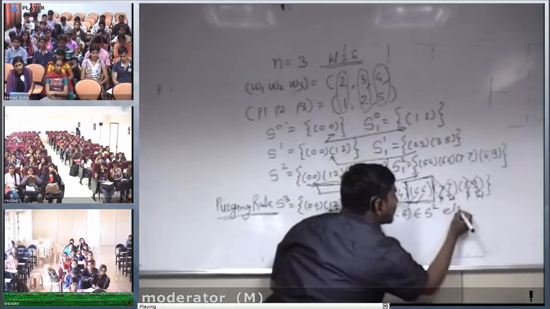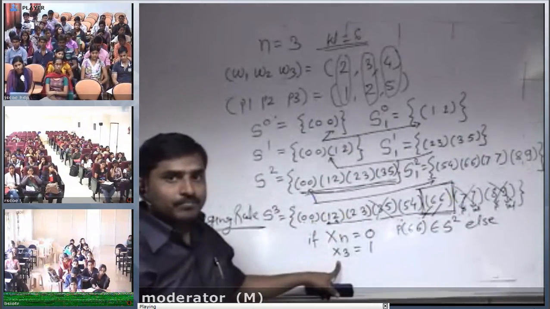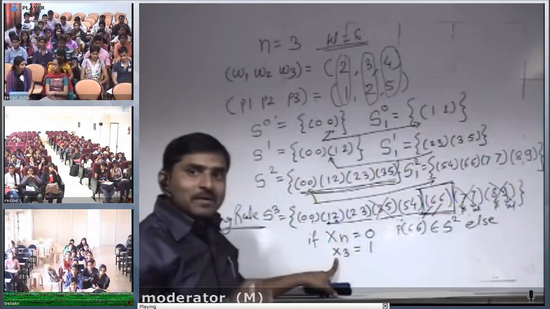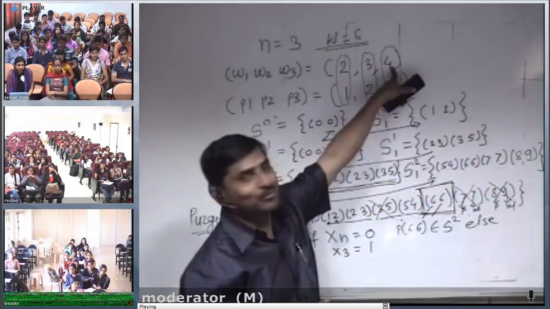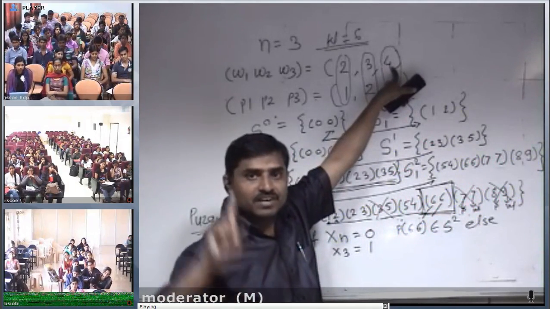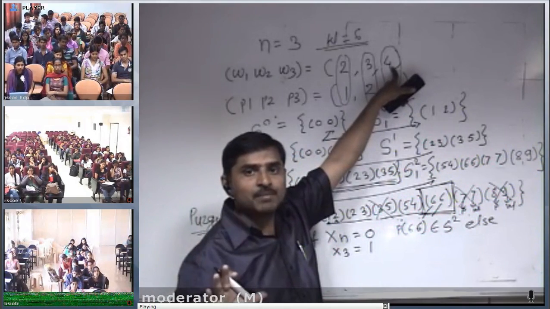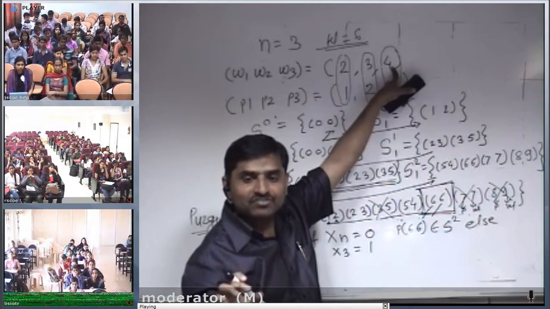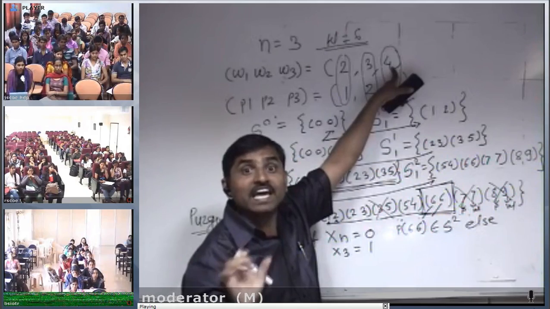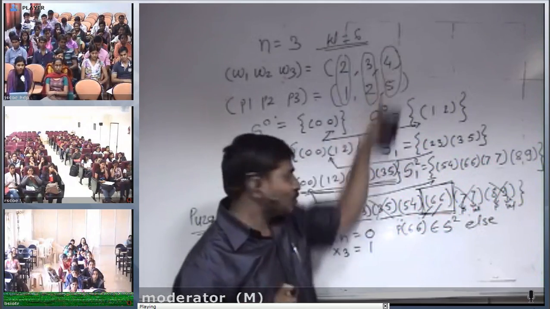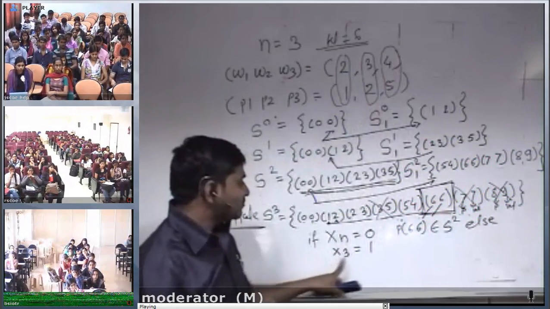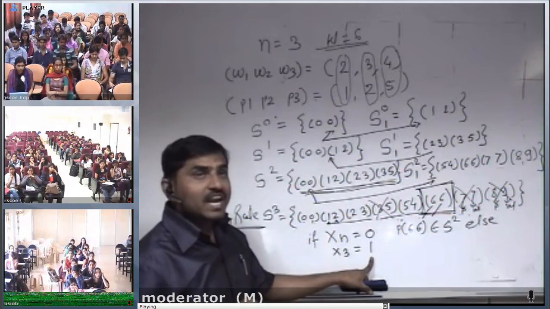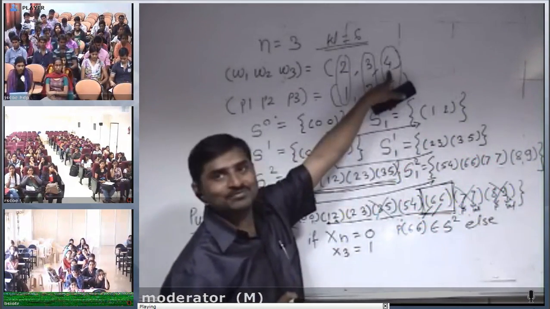1 means I take the third pair, that is (5, 4). In dynamic programming 0/1 knapsack, I select a pair carefully. So first, which pair do I select? The third: X3 equals 1. Which pair? (5, 4).